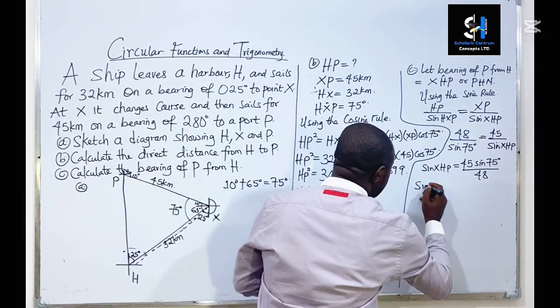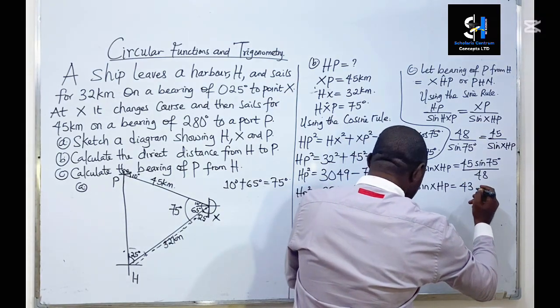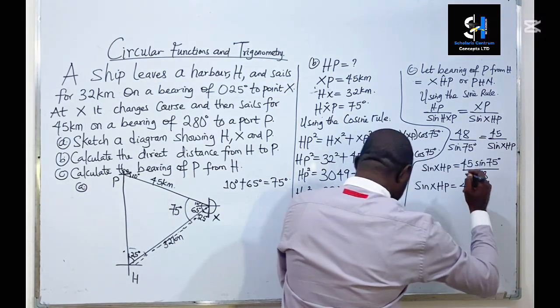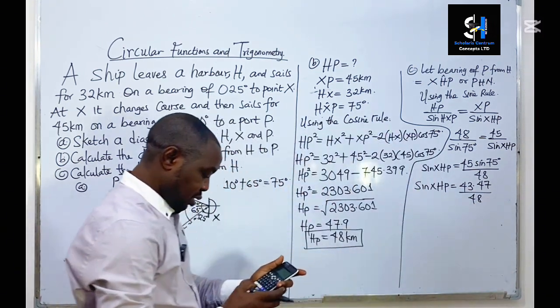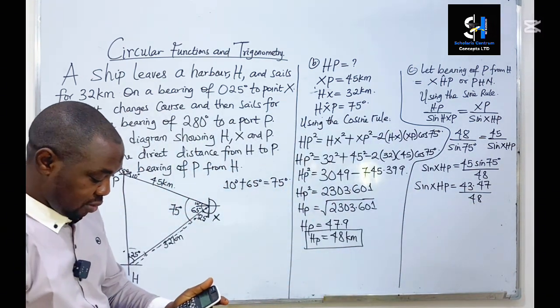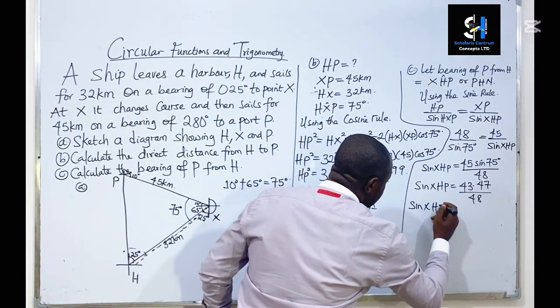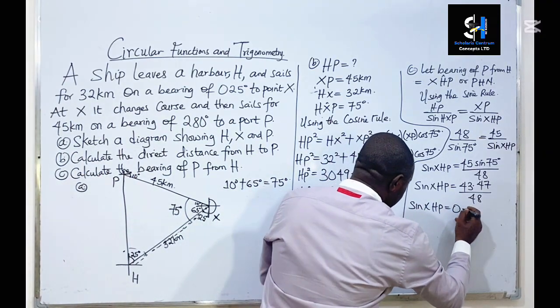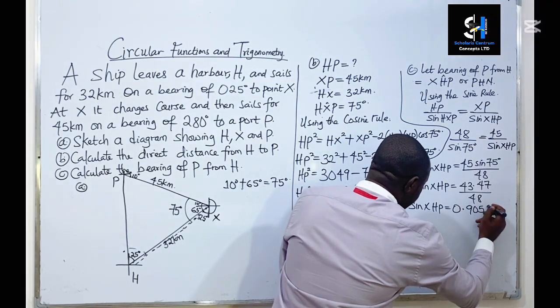That will be sine XHP equals 43.47 divided by 48. Sine XHP will be equal to 0.9056.